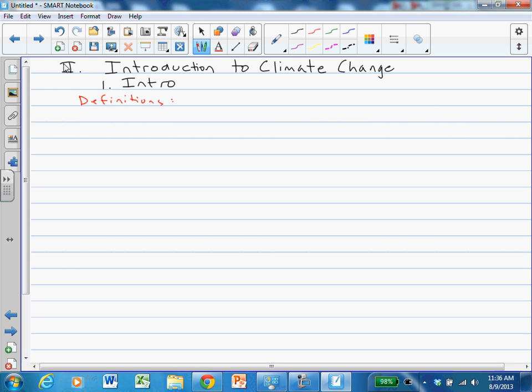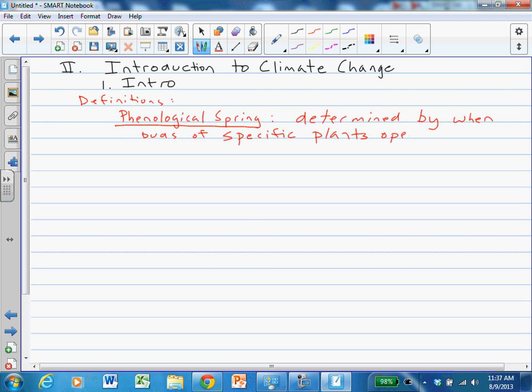Phenological spring: determined by when buds of specific plants open, and then in autumn, when leaves of specific trees change color and fall.